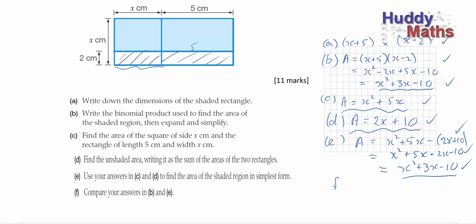And part F says compare your answers in B and E. B equals E. Okay, the same answer, meaning there are two ways of calculating the shaded area.